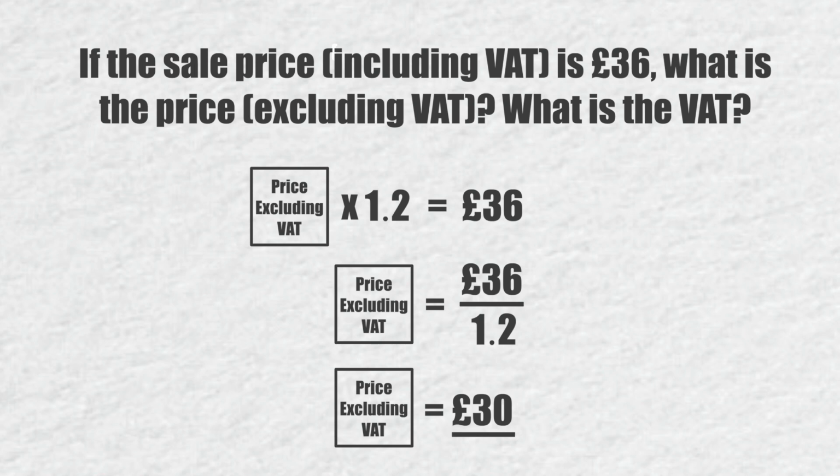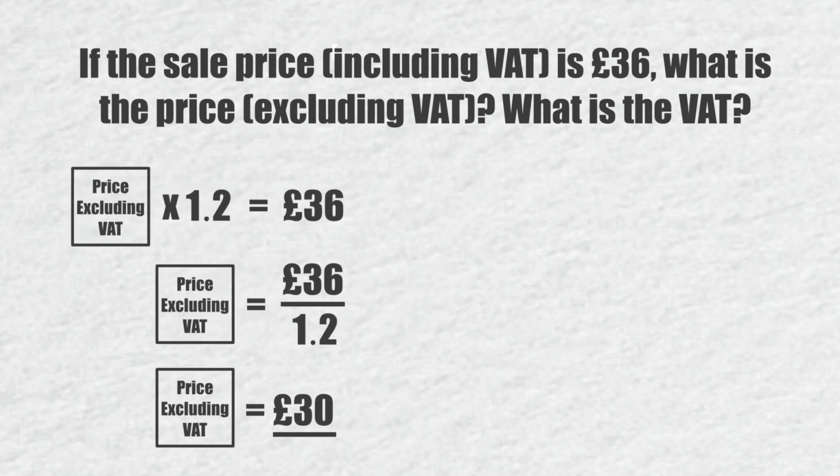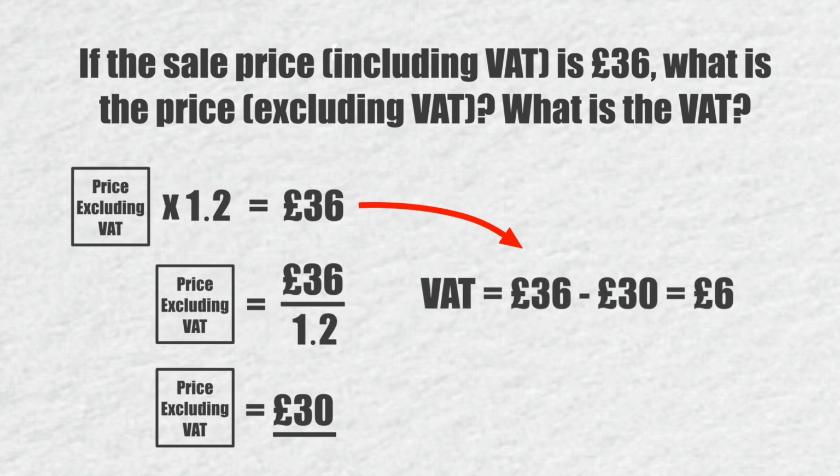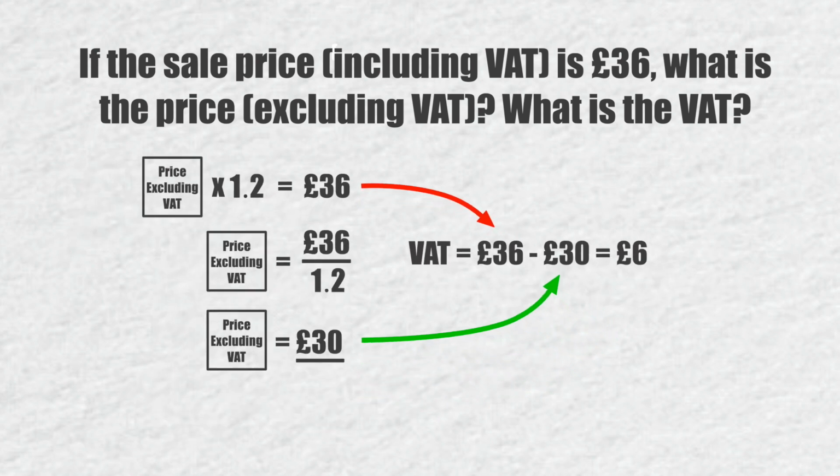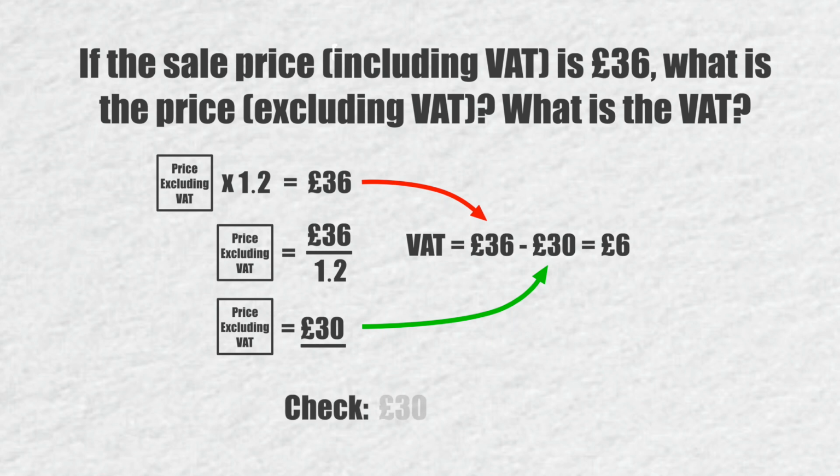There is our price of £30 excluding VAT. And of course the VAT is equal to £36, subtract £30, which is equal to £6. And we can check our answer. £30, which is our price excluding VAT, multiplied by 1.2 is equal to £36 including VAT.